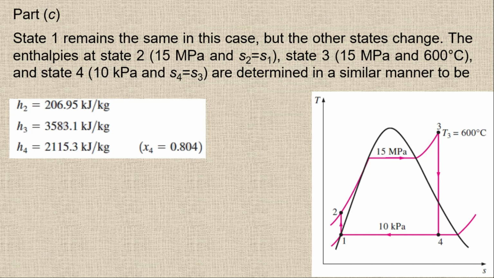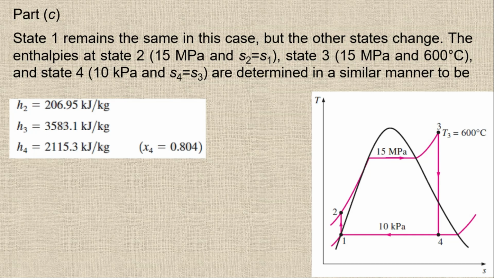Then we can find the H2 value. H2 will be H1 plus the work input, and here you will get the H2 value of 206.95. Last time it was less than this one, so the pump work is basically increased by increasing the boiler pressure.